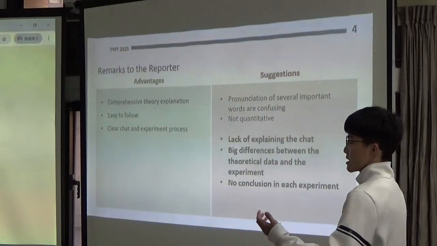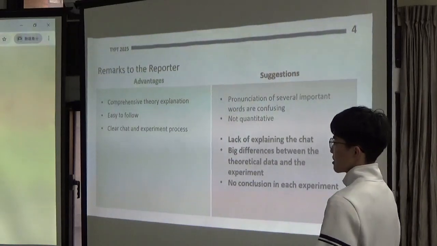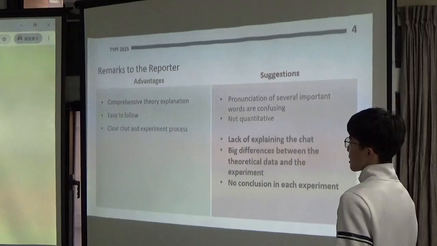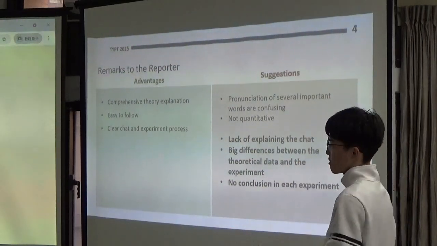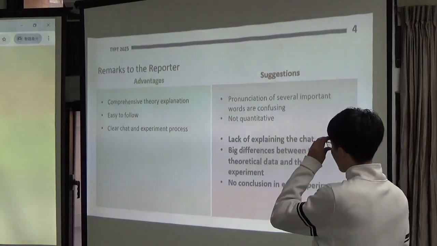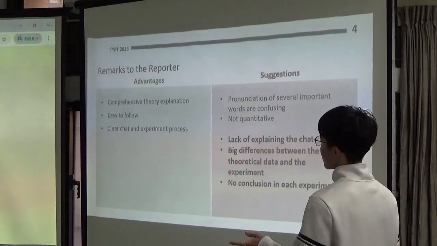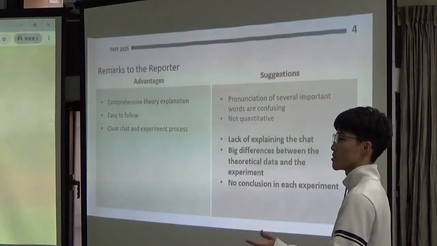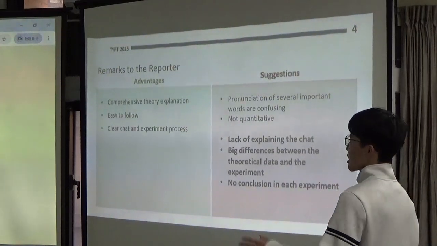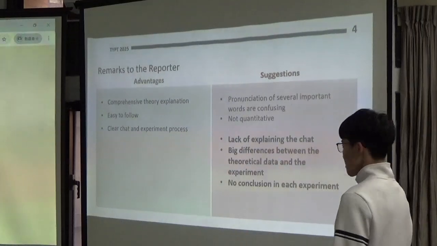And as I stated before, we aim to explain this phenomenon in a quantitative way rather than qualitative. So it's better to insert some relational expressions to better explain this formula and this phenomenon. Okay.